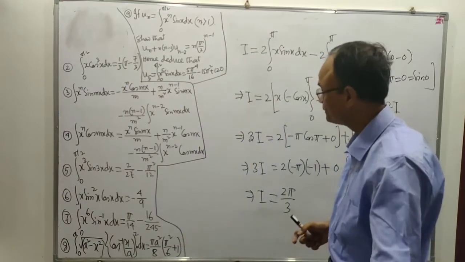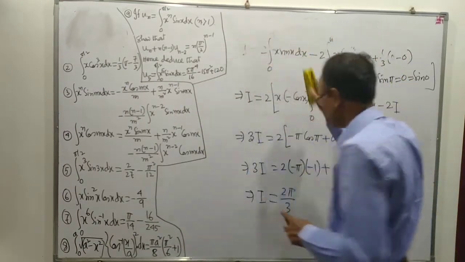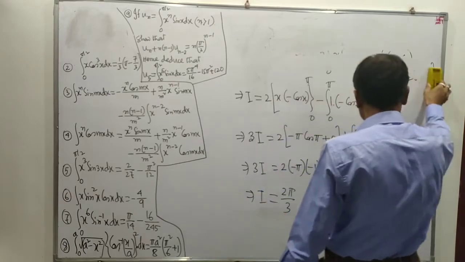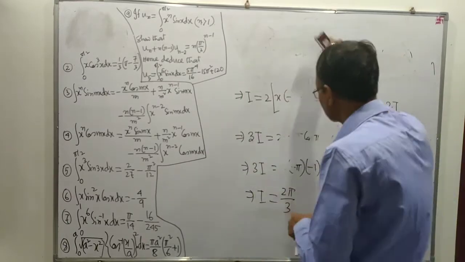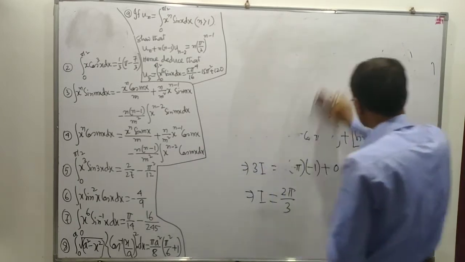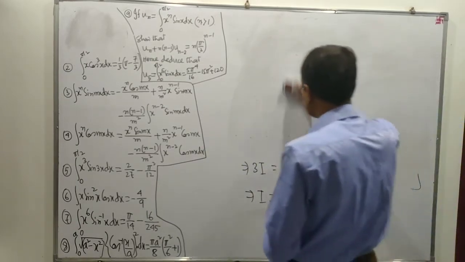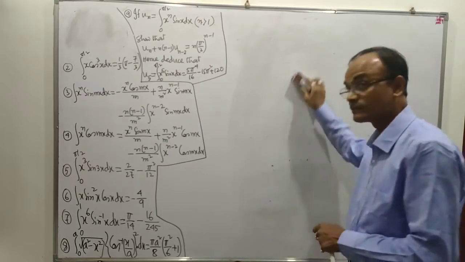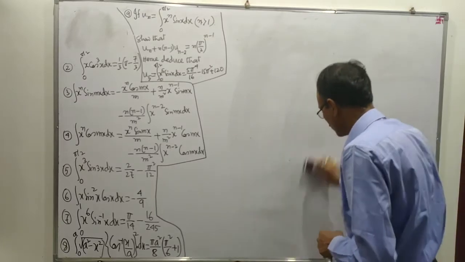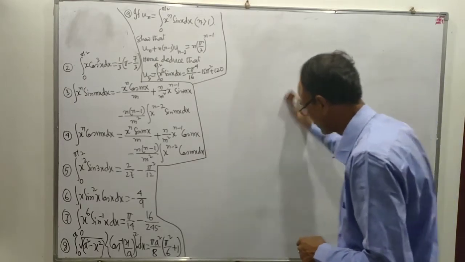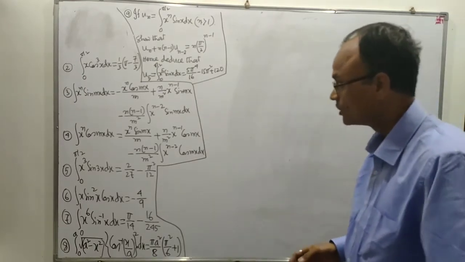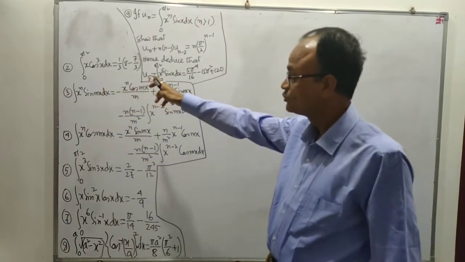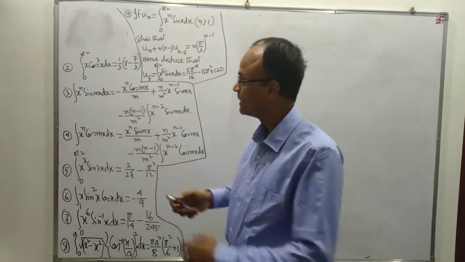Now number 2. What is 2? The integral from 0 to pi by 2 of x cos cube x dx should be equal to 1 by 3 times of pi minus 7 by 3.